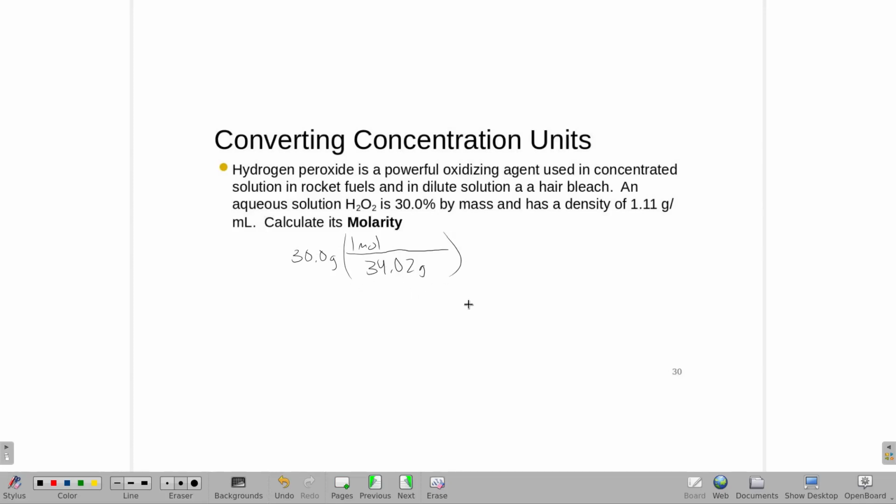So that will look exactly the same. On the bottom, we want the solution, and we want the volume of the solution. Well, that's finally going to use that density. So we know that we had 100 grams of the solution. We're going to turn that into milliliters with the density. And we have to turn milliliters into liters.